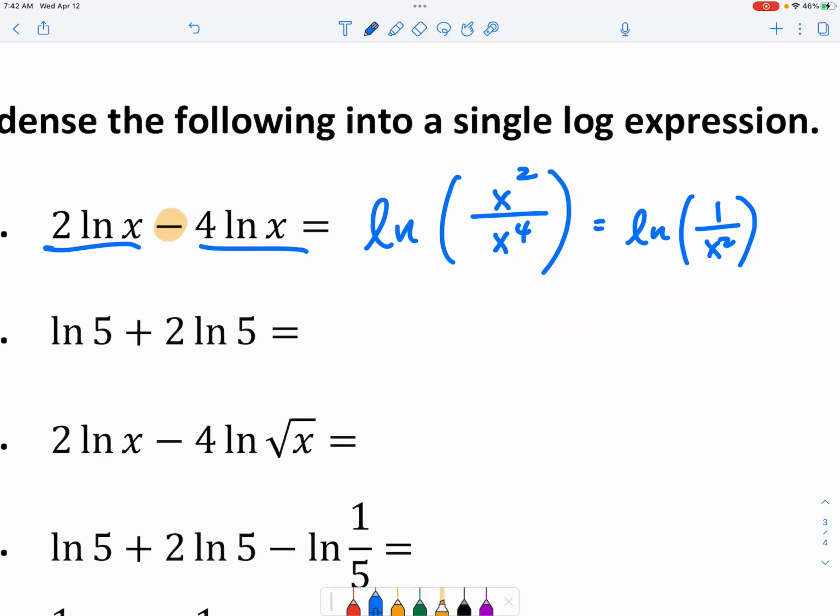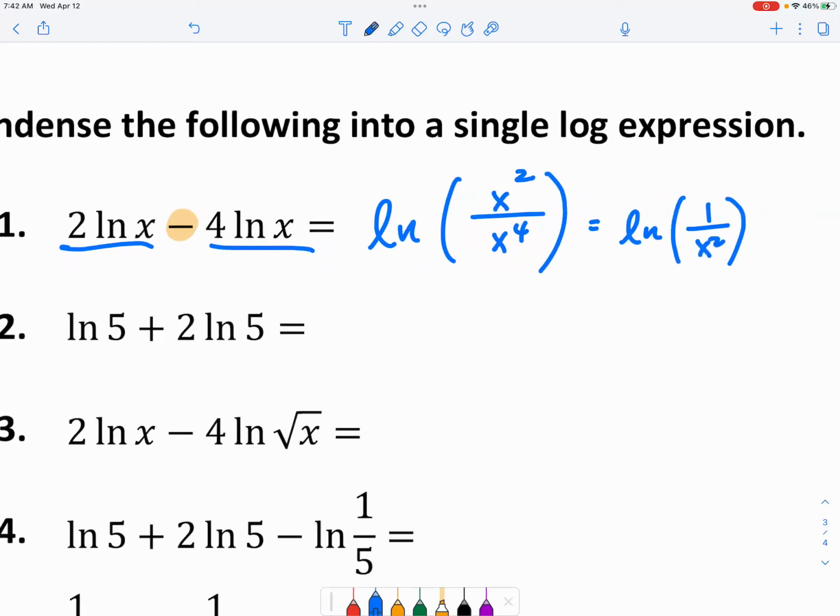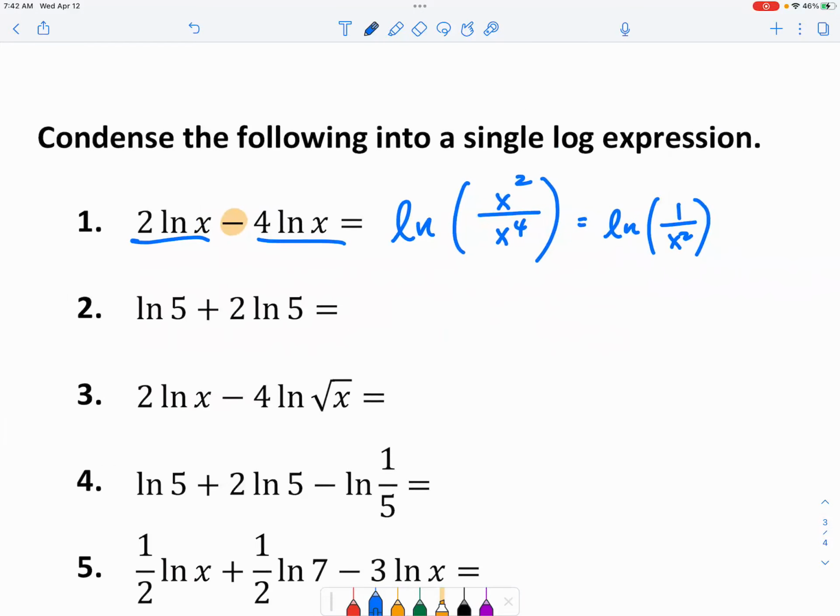Now, an alternative, and this is what I want you to see actually. Ready? The other way to see it is that, can you see natural log of x over here and natural log of x over here?